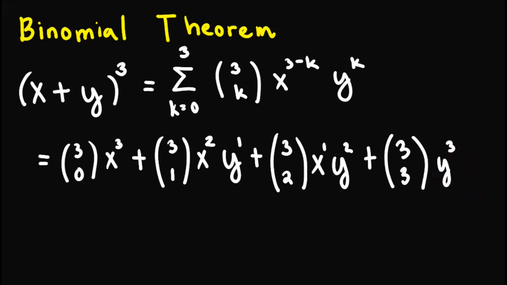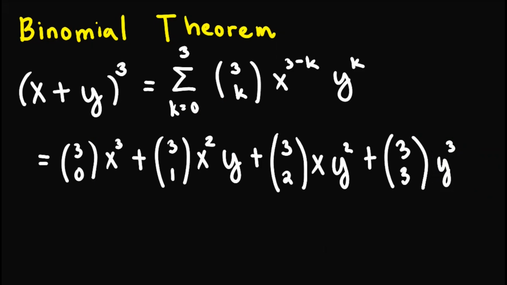Also, these variables with exponent 1 are simply themselves, which is y raised to 1 is equal to y, and x raised to 1 is equal to x. So we can remove the exponent out here.